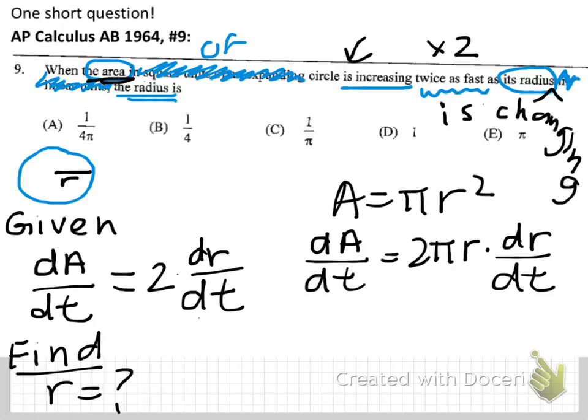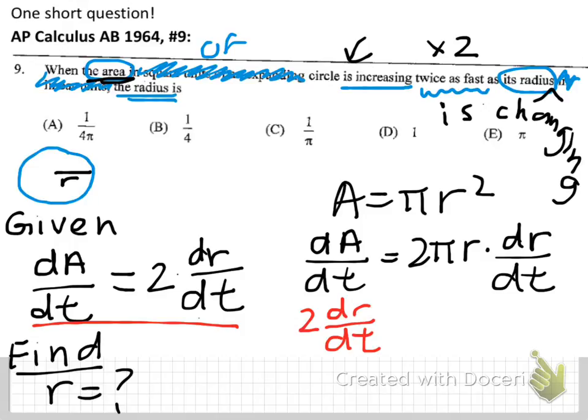Now, this is where I'm going to do my substitution. So, instead of doing dA over dt, now I'm going to substitute it, right? Because I know this. So I'm going to write 2 dr over dt, right?